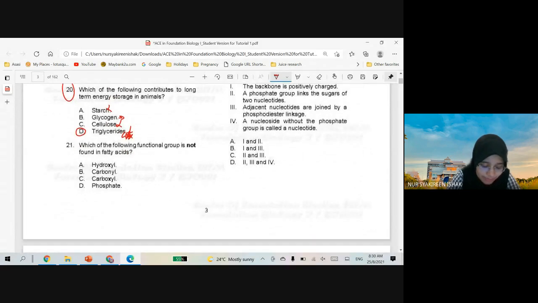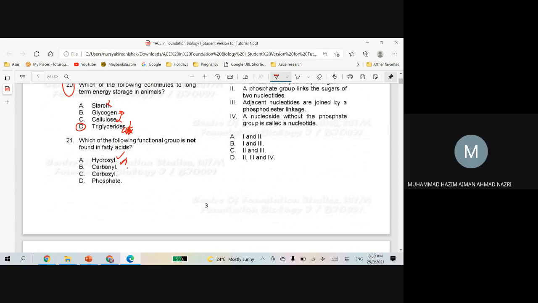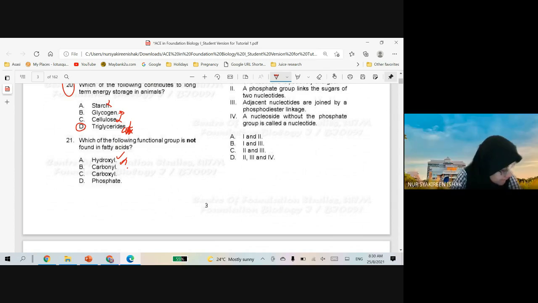Which of the following functional group is not found in fatty acid? Okay, so which one? Ada hydroxyl, ada carbonyl, ada carbonyl ke? Ada. Sila berbond O dah ada. And then phosphate. Sekejap.